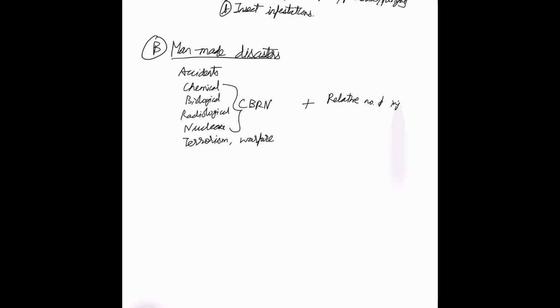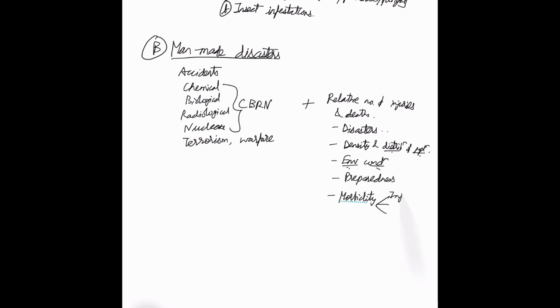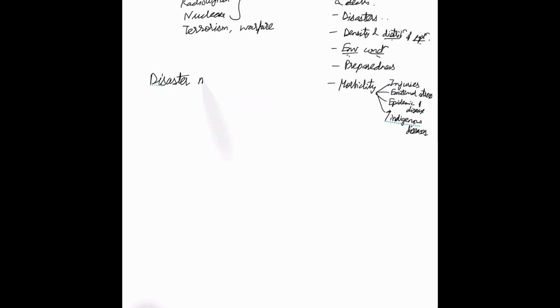And of course, along with that, small points on the relative number of injuries and deaths according to each type of disaster, the density and distribution of the population, environmental conditions, preparedness, morbidity, which can be injuries, emotional stress, and epidemic of disease, and also increase in the indigenous diseases.